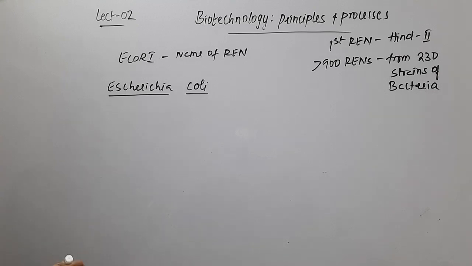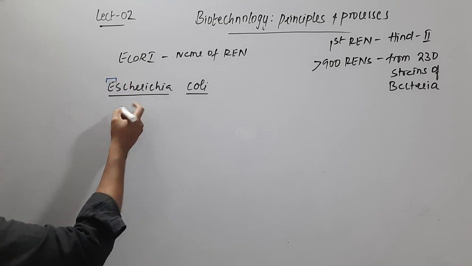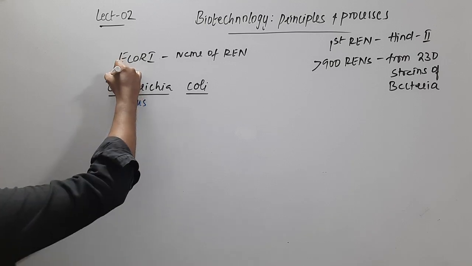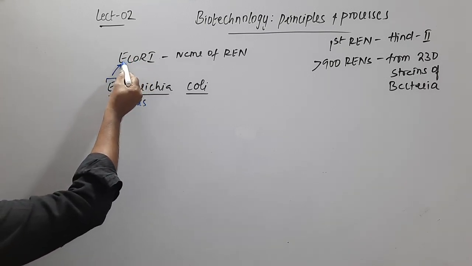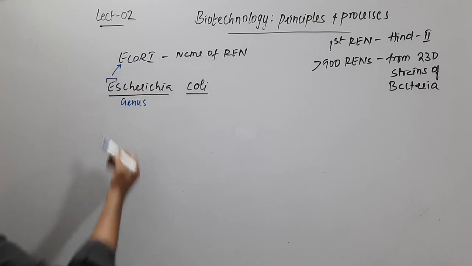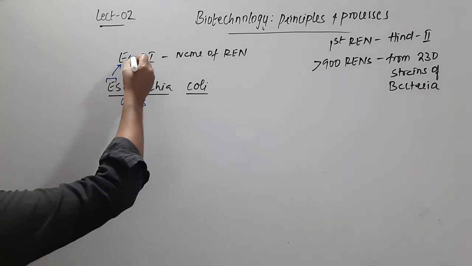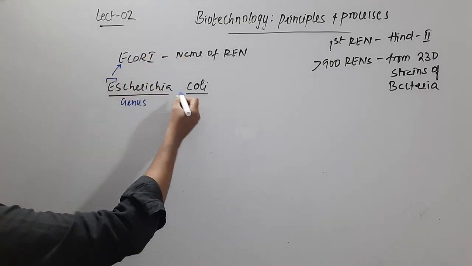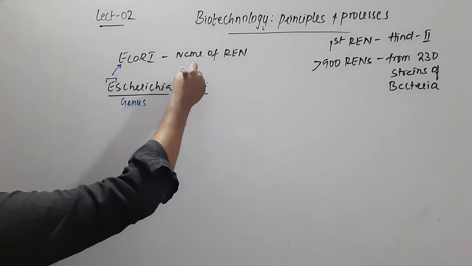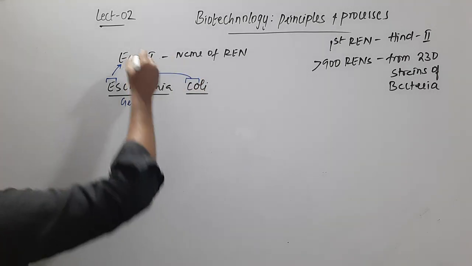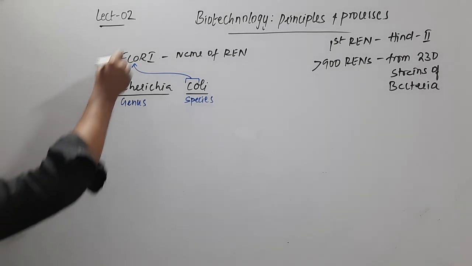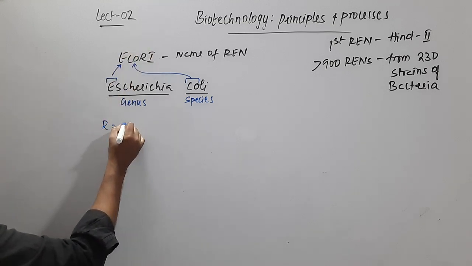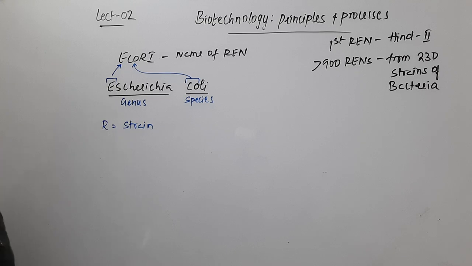If we look at the name of the restriction endonuclease, the first letter corresponds to the first letter of the genus. The next two letters are the first two letters of the species. The R stands for the strain.